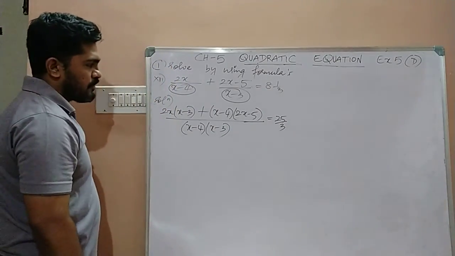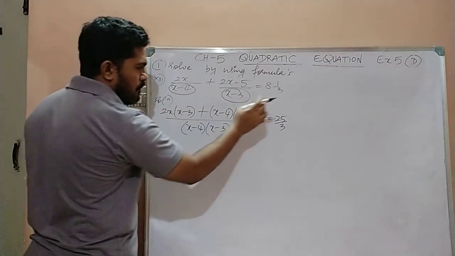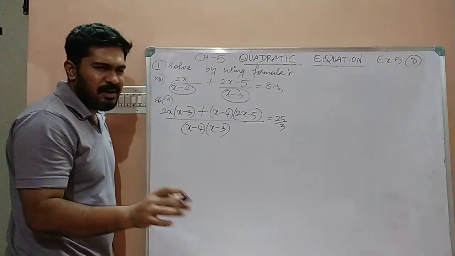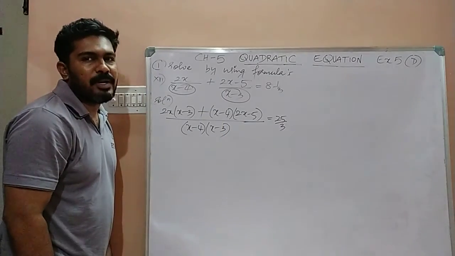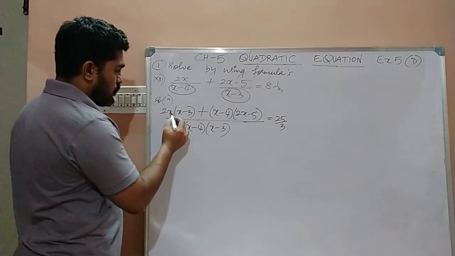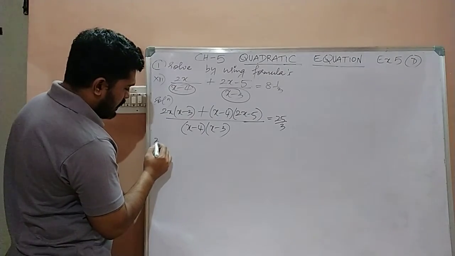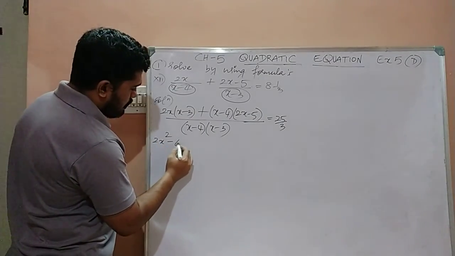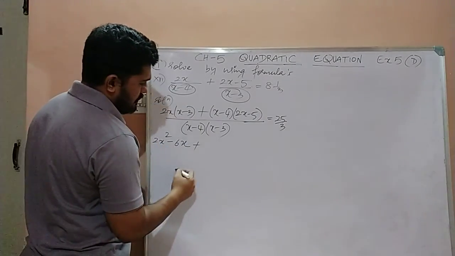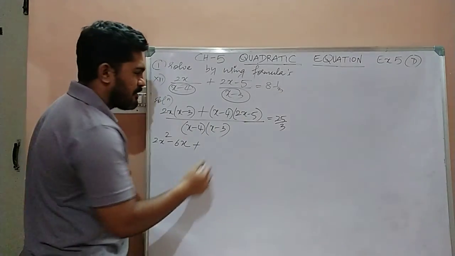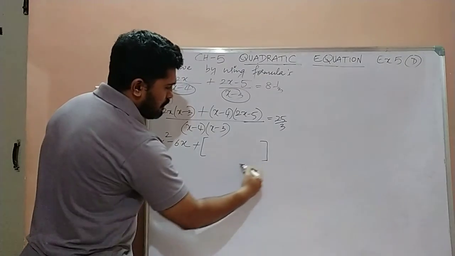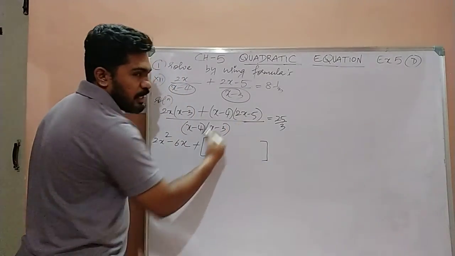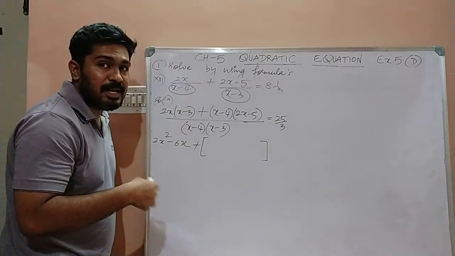Now we will think about this denominator and the right hand side later on. First of all, let us simplify the numerator by opening all the brackets. So 2x into x minus 3 can be written as 2x square minus 6x plus. Now let us open this bracket. I'll put it inside a box bracket children, because there are minus signs over here and you shouldn't get confused in the later stages.